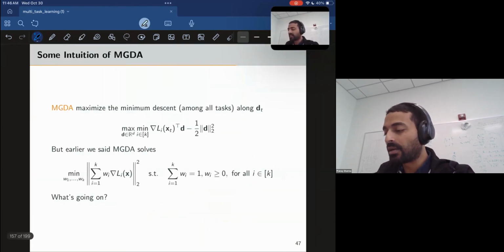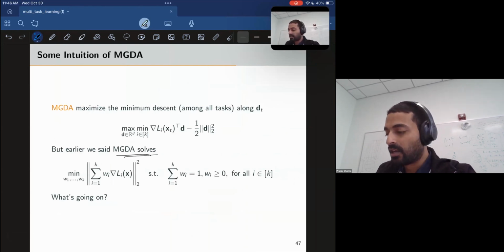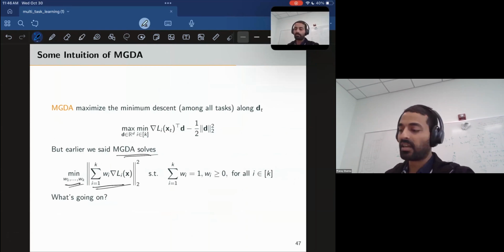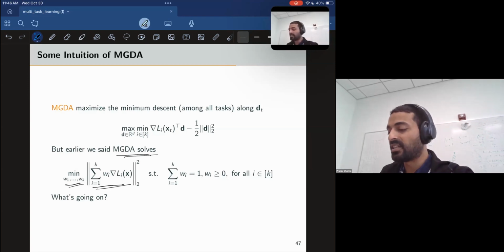But earlier I had said that MGDA is solving this problem, right? Earlier I had said that you compute this norm square and minimize it over the probability simplex, and that's what MGDA gives. These two look like different things. The only thing common I see is that you have gradient with respect to the task losses in both, right?